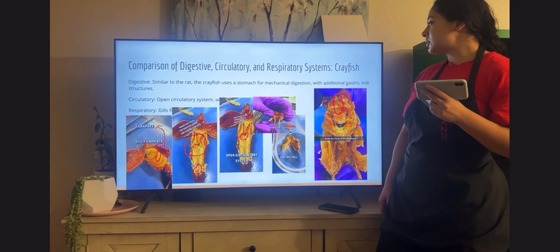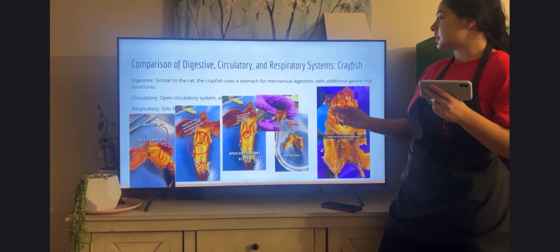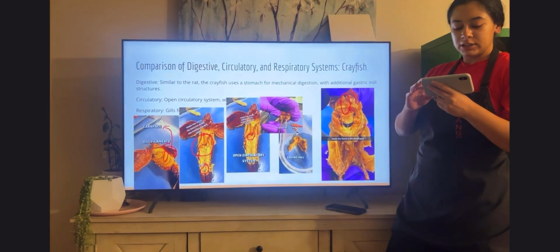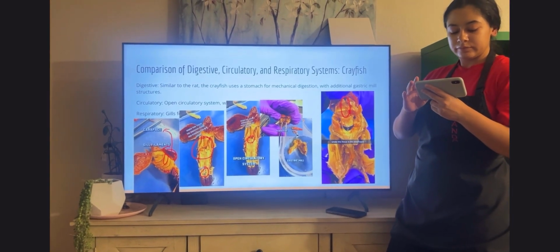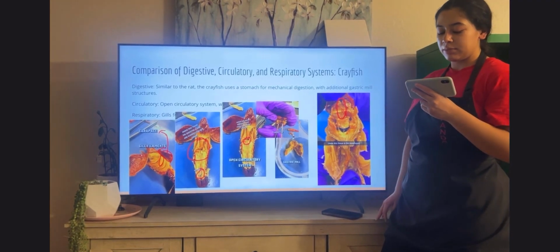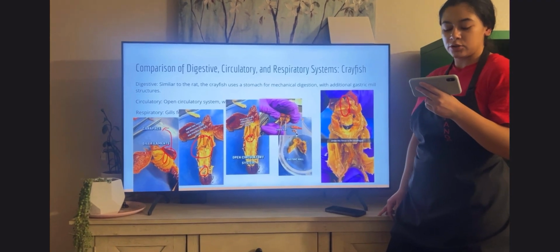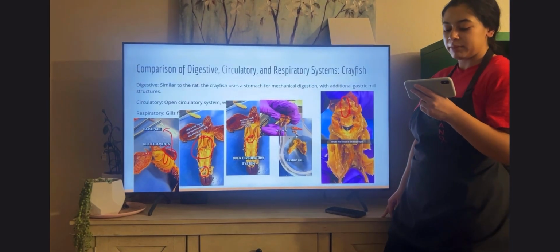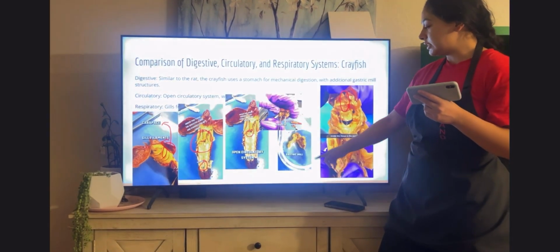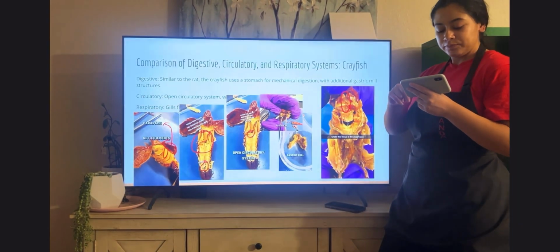And for the respiratory, circulatory, and digestive systems of the crayfish, the crayfish also has a complete digestive tract, but with additional specialized structures like the gastric mill, which is used to grind food mechanically. Right here you can see that mechanical digestion.